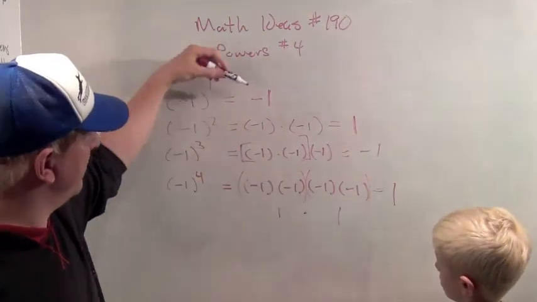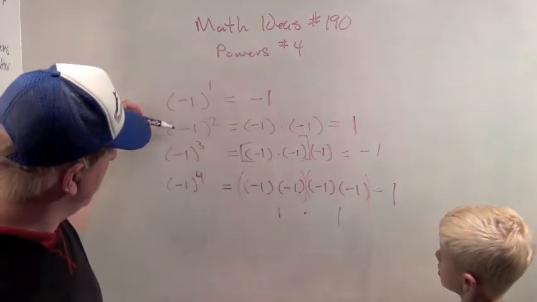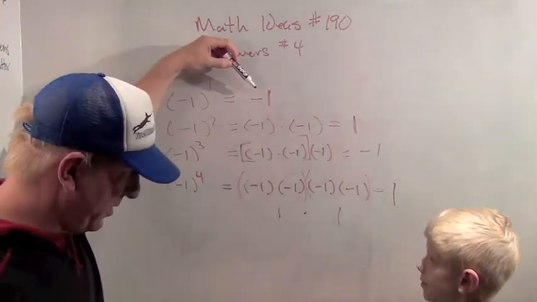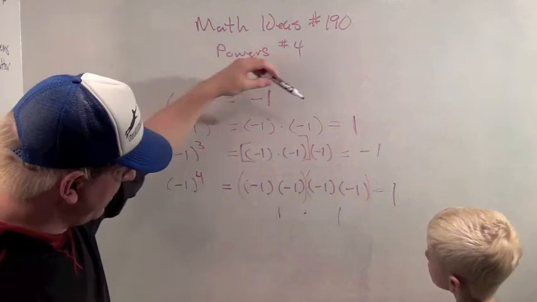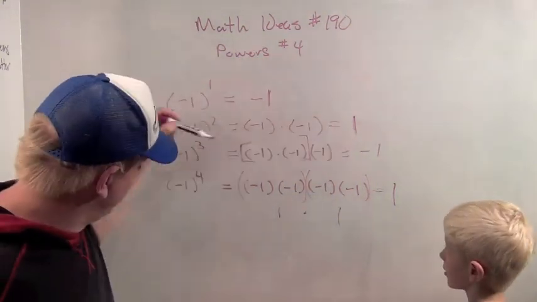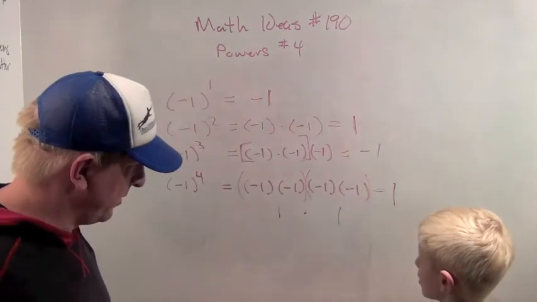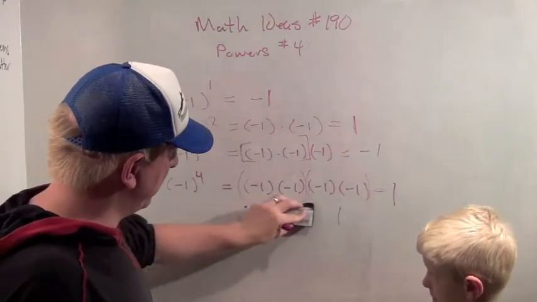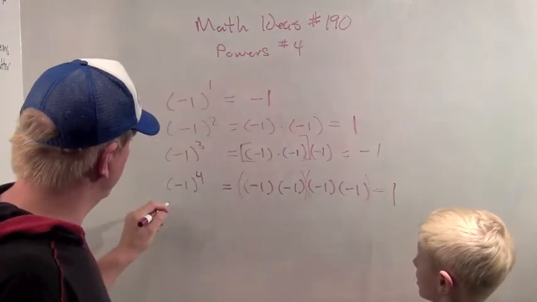So -1 to the first power is -1. -1 to the second power is 1. -1 to the third power is -1. -1 to the fourth power is 1. So what do you think -1 to the fifth power is going to be? It's -1.